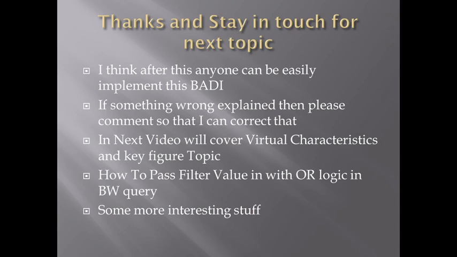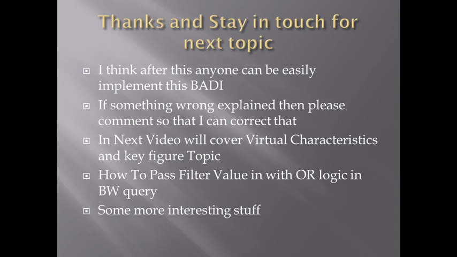In the next video I will bring the topic of virtual characteristics and virtual key figures. And one more interesting topic: in the back end we generally get a requirement where the user passes a filter that behaves like an AND condition, like country and company code. If the country is India and the company code is 1210, they pass both in the AND condition. So if there are 10 company codes in the country, it will show only 1210.